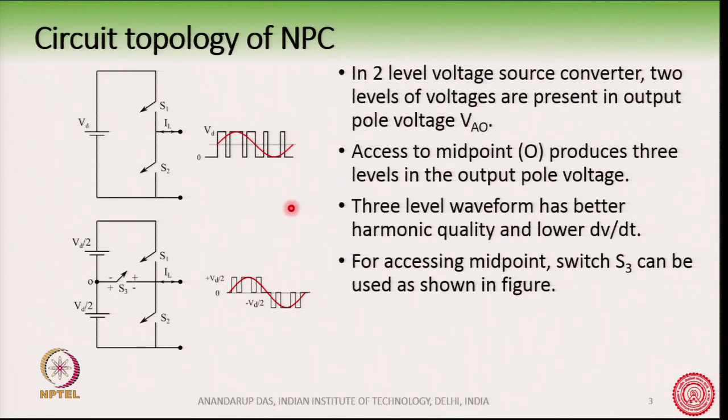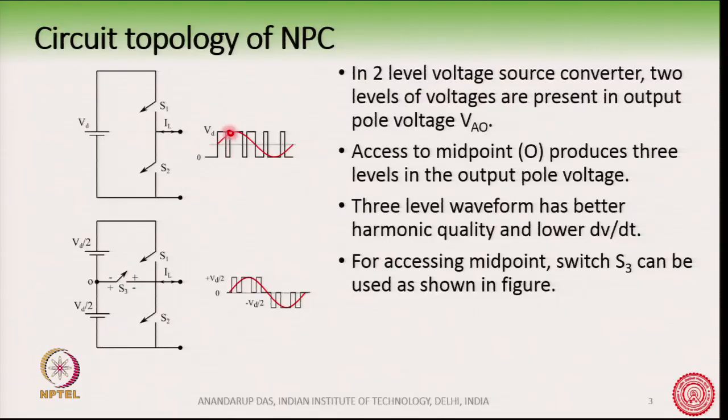The output waveform always has an instantaneous error between the actual voltage produced by the converter and the desired voltage. The desired voltage should be this red waveform. We want a perfect sine wave output from the converter.